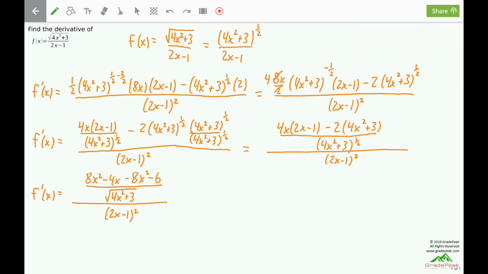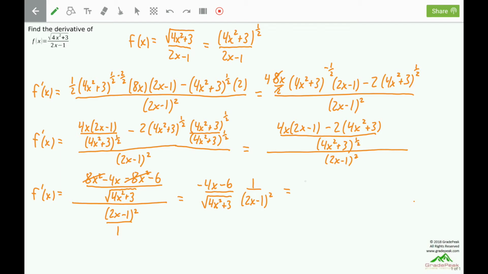Now in the numerator, the 8x squared and the negative 8x squared will be able to cancel each other. And what I'm going to do now is we have a fraction in the numerator and a fraction in the denominator, so we will reciprocate and multiply. So this is going to become negative 4x minus 6 over the square root of 4x squared plus 3 multiplied with 1 over 2x minus 1 quantity squared.